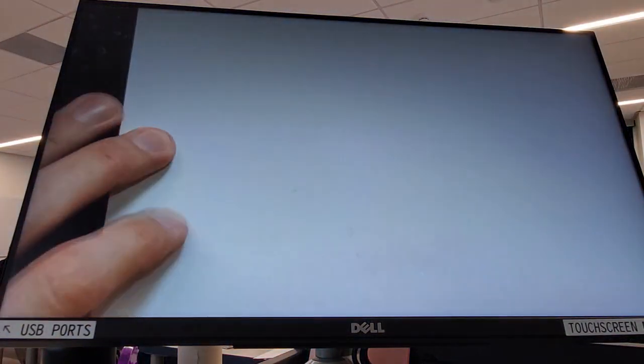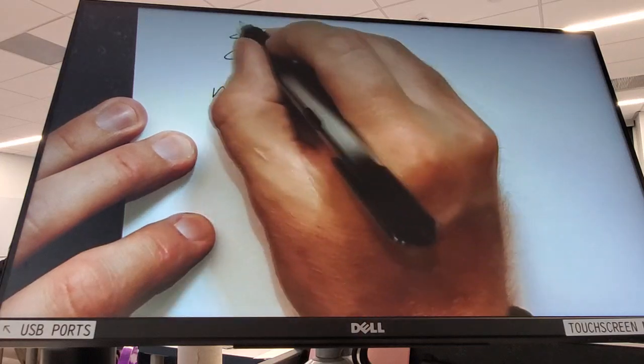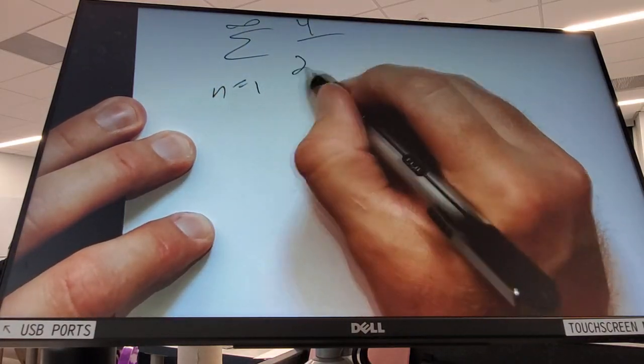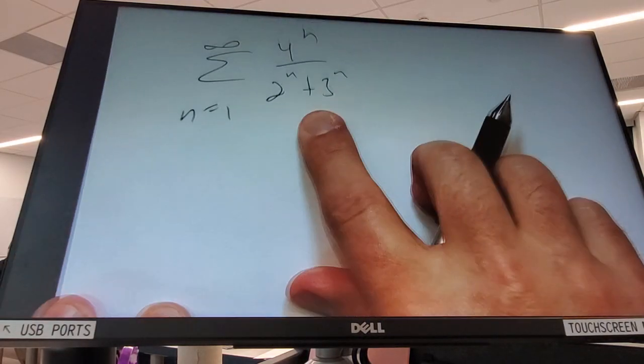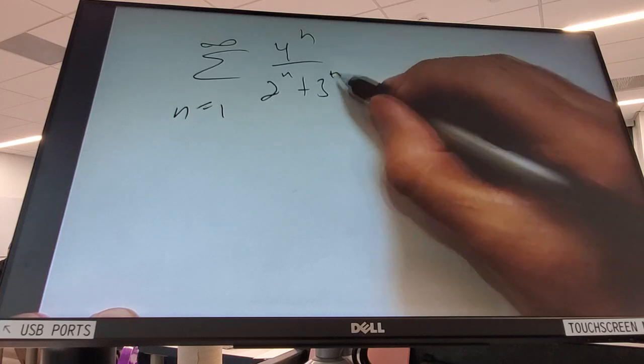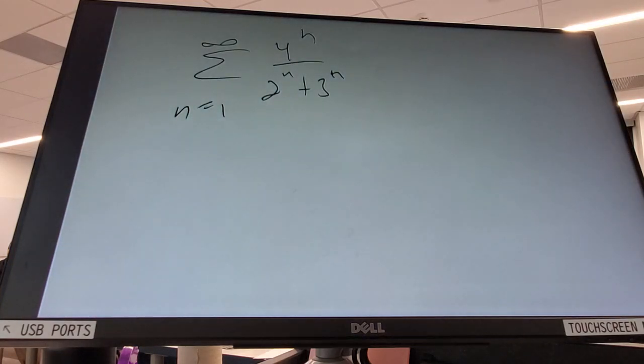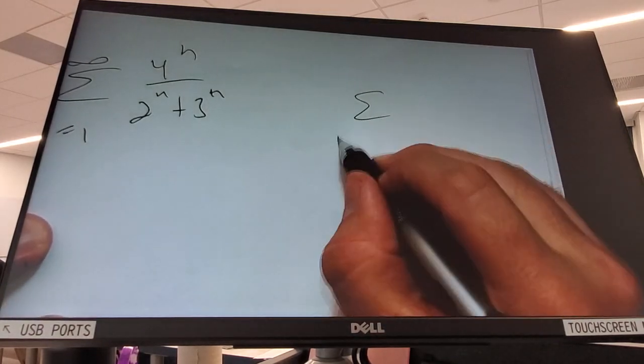So do we have a feeling about whether or not this thing converges or diverges? One person said it diverges. Here, real quick. Let's do this. Look at the reverse of this.